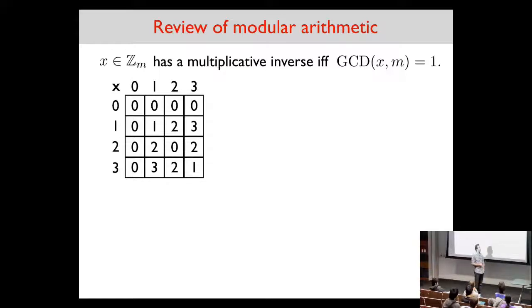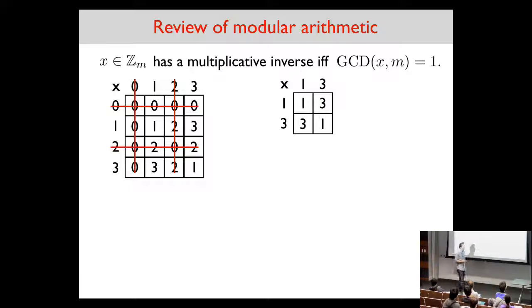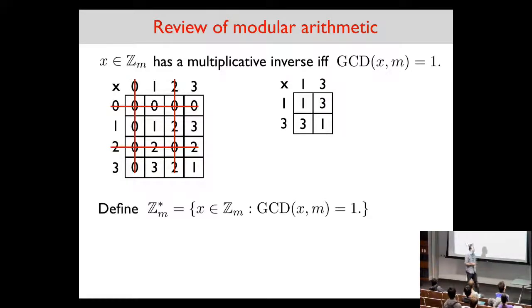So if I take my universe Z4 and I look at all the elements that have GCD 1 with m, then I have to erase 0 and 2, get rid of those guys, and what remains is 1 and 3. And from that, I can get this smaller table with elements 1 and 3.